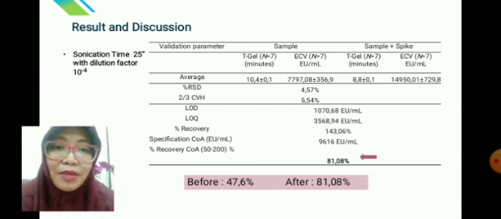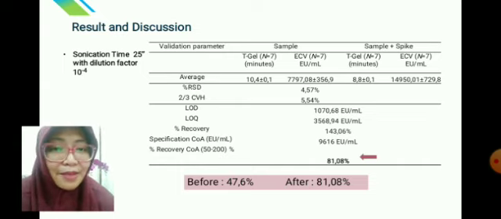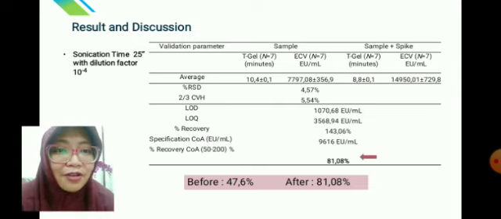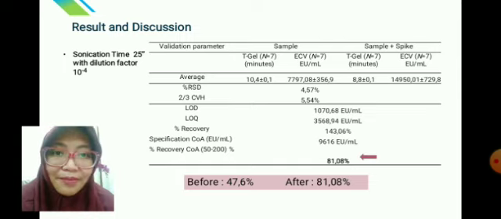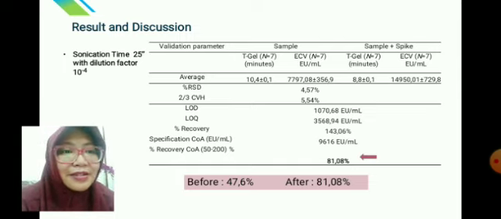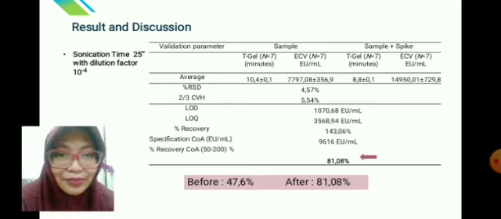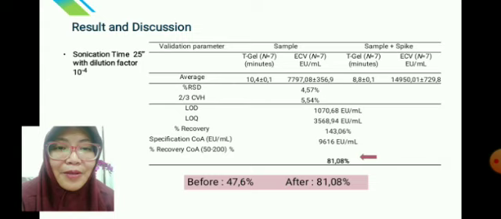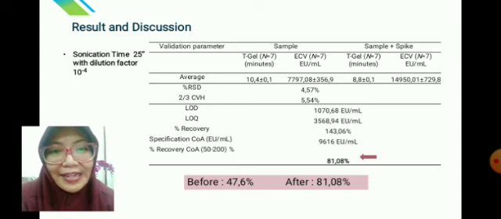As you know, before we modified the sample preparation, the recovery of the endotoxin challenge concentration was only 47.6%. But after we modified the preparation of the sample, endotoxin recovery reached 81.08%. This is a successful modification that we have also validated.